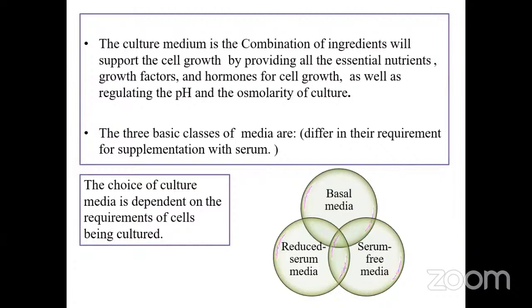The pH should be proper. Then osmolarity. If you see in our body, every compartment maintains its own pH. We have a different pH for blood, different pH for urine, different pH in the stomach. So like that, the proper pH is maintained. All those things we have to maintain outside, and the osmolarity of the culture also.